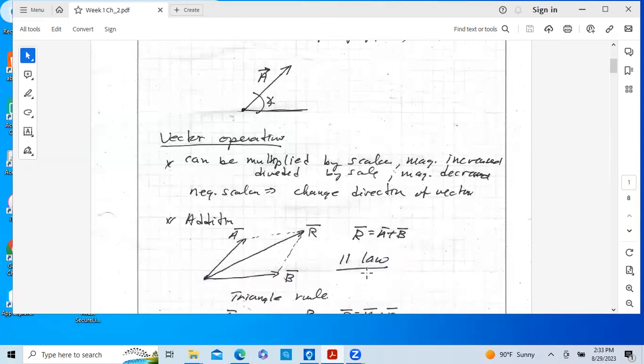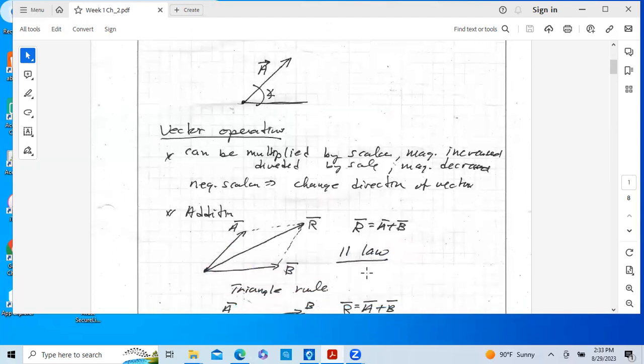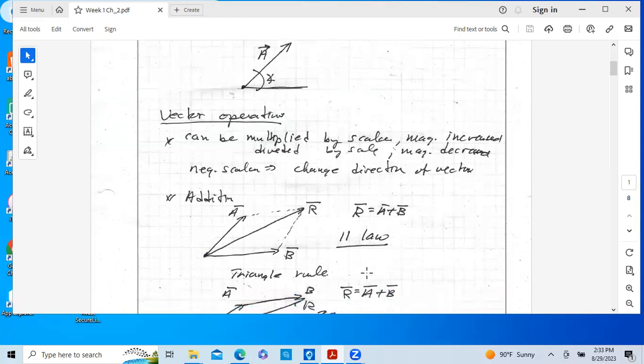There are two ways we can manipulate vectors using vector operations. We can use the parallelogram law, where we have vector A and vector B, starting from the same point, and we complete the parallelogram. The resultant is that diagonal across the parallelogram, a vector quantity.